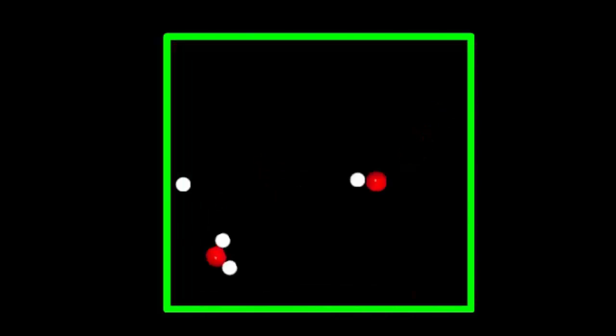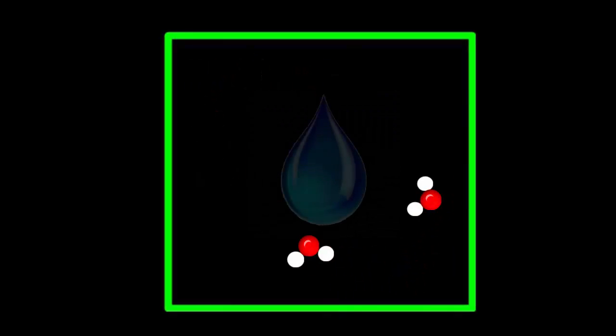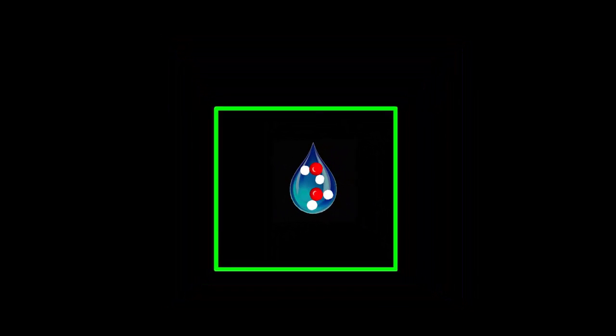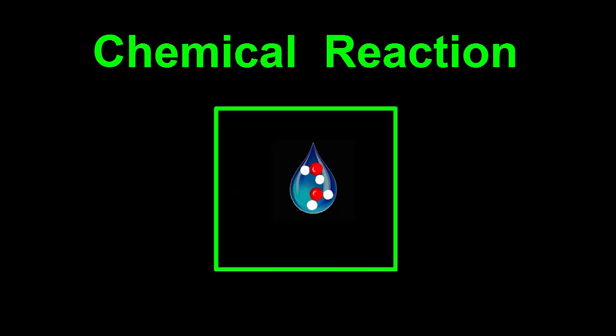Now both oxygen atoms have the two hydrogen atoms that they need, and we end up with two H2O molecules. Water wasn't there before, so a new substance has been made. Not only that, the old substances have disappeared. This rearrangement of atoms to form a new substance is called a chemical reaction.